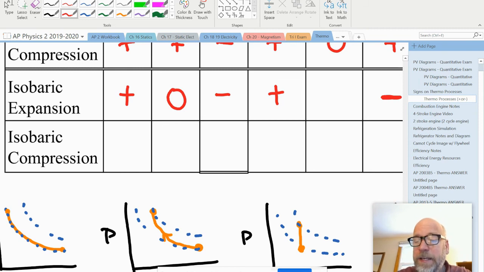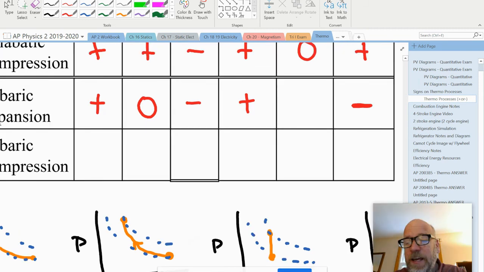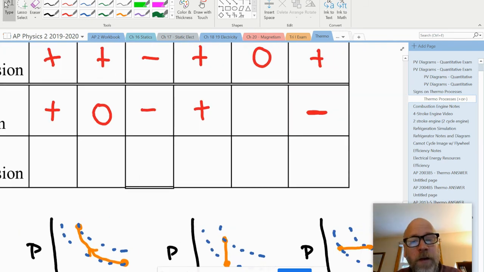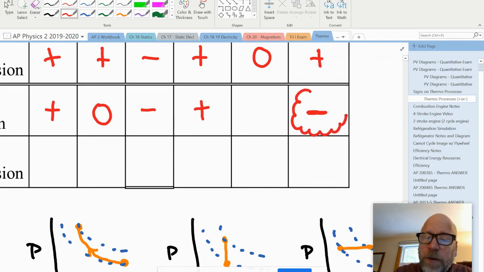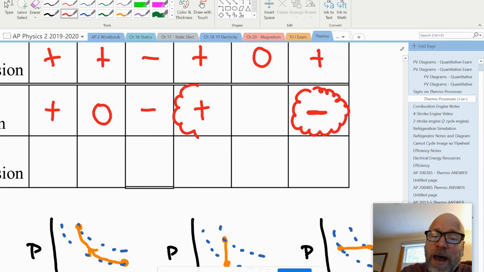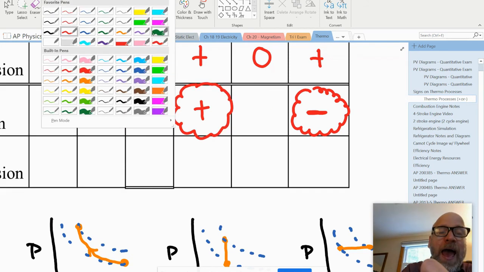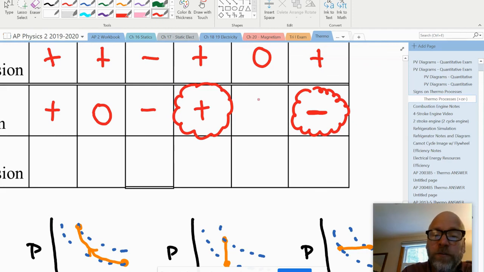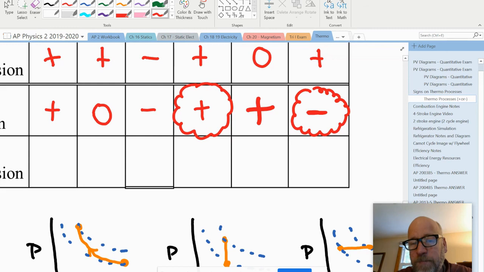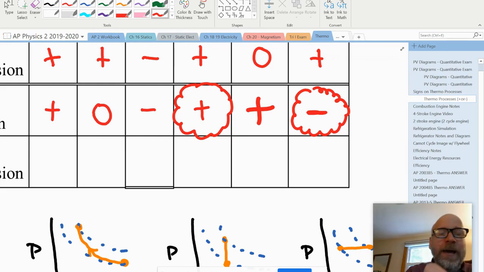Now look, heat. If I somehow had the gas do work, meaning it gave up some of its energy in the form of work, and the internal energy somehow increased, then I must have had to add a lot of heat to the system, right? It's during this process that a lot of heat would have had to have been added.